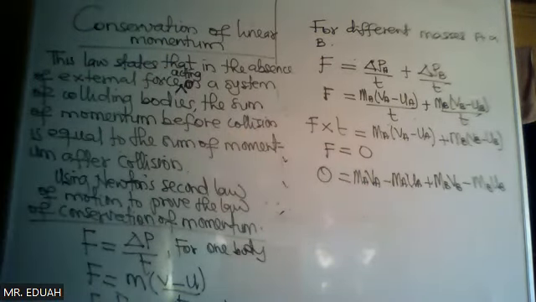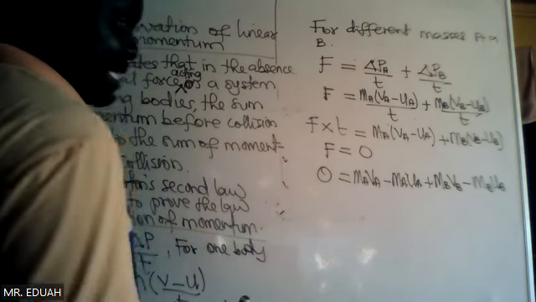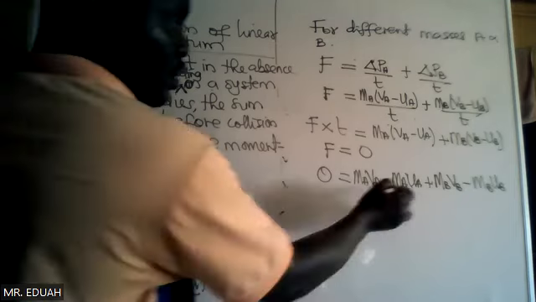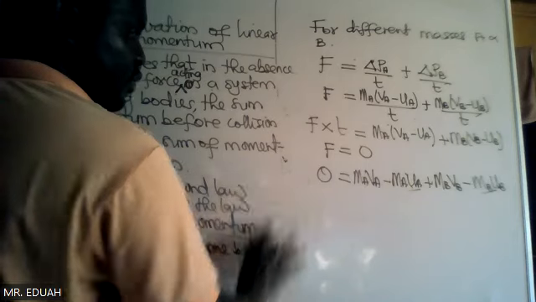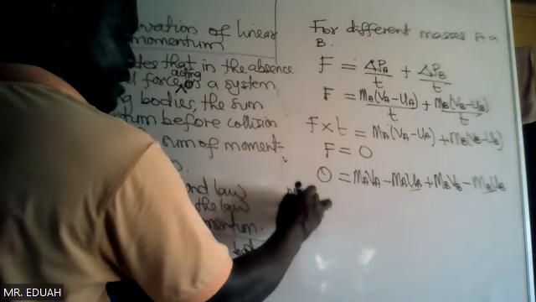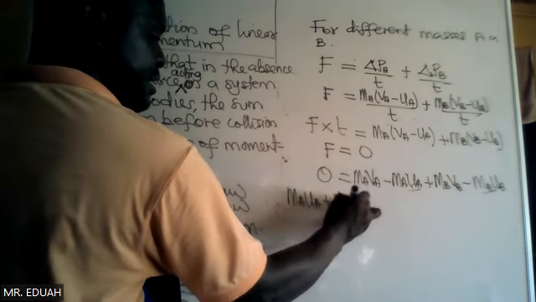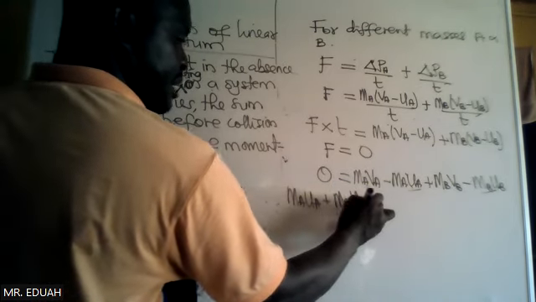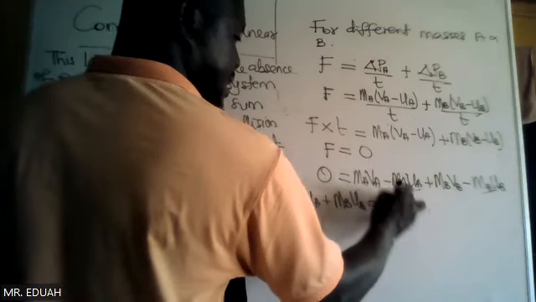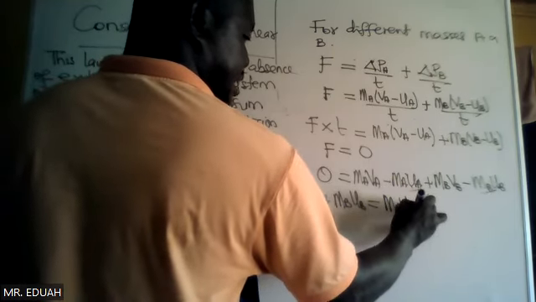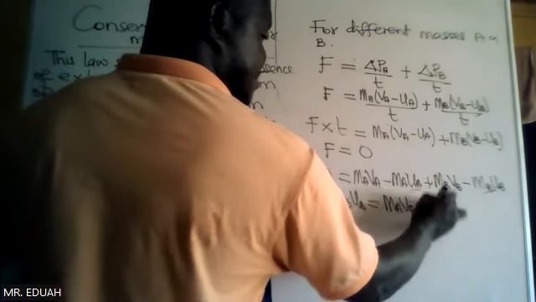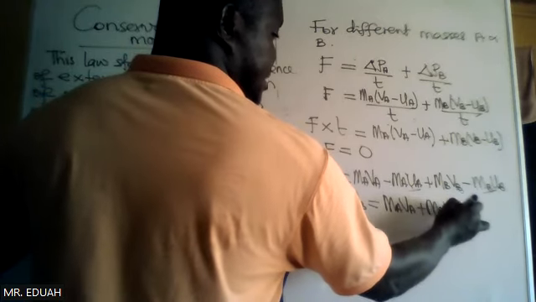Let's have all the U's at one side and all the V's at the other side. So this and this will cross the equal sign. So we have MA UA plus MB UB equal to MA VA plus MB VB.